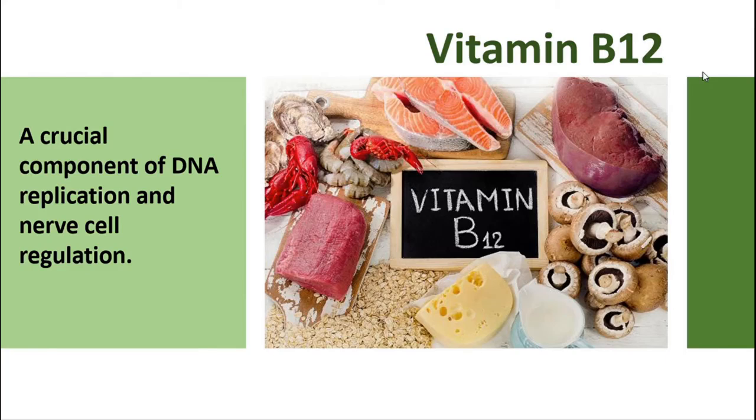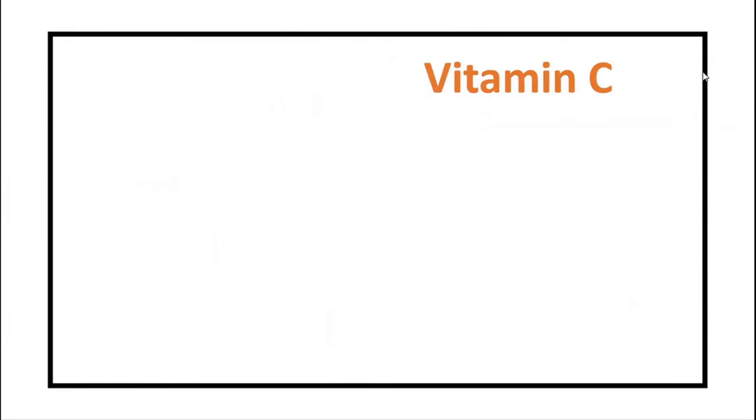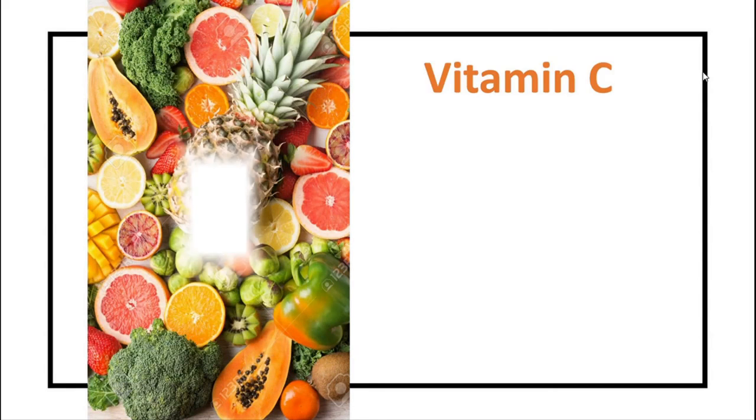Next, I will talk about vitamin C. I think that it is not very hard to list the sources of vitamin C. They are broccoli, spinach, cabbage, potato, tomatoes, orange, or strawberries.